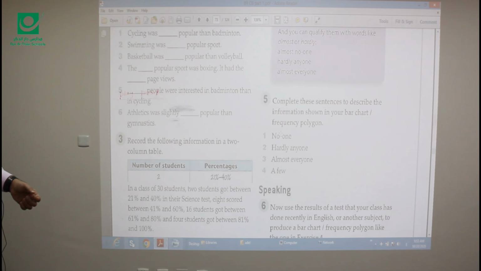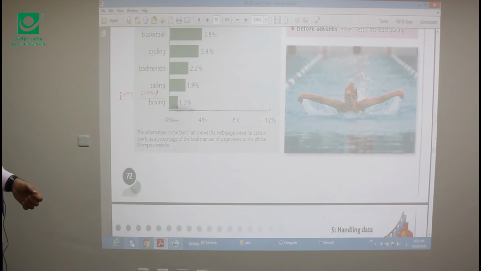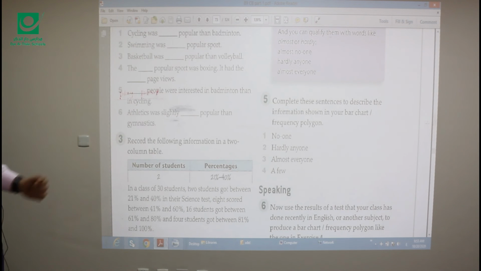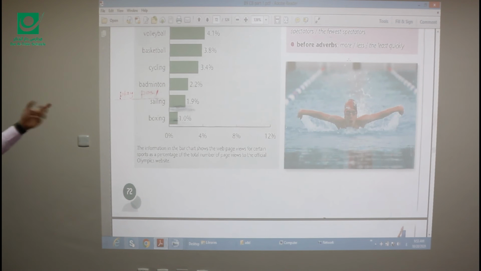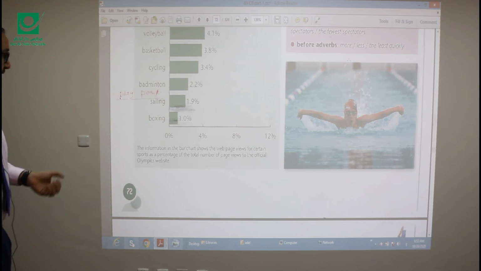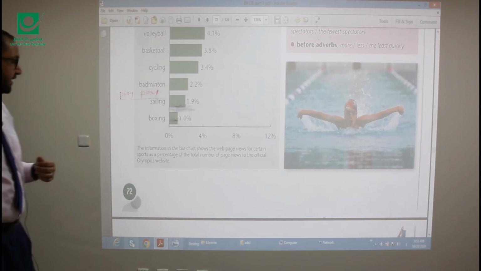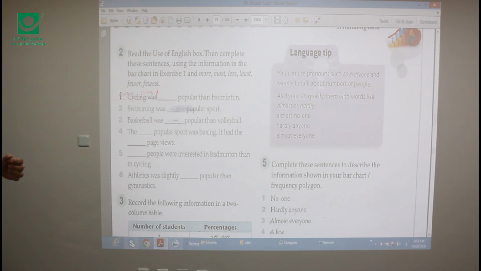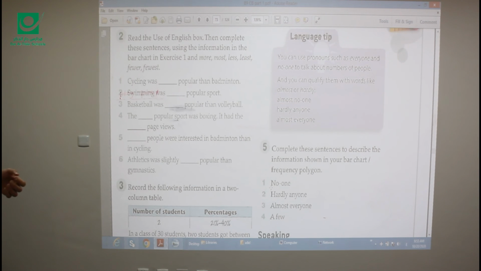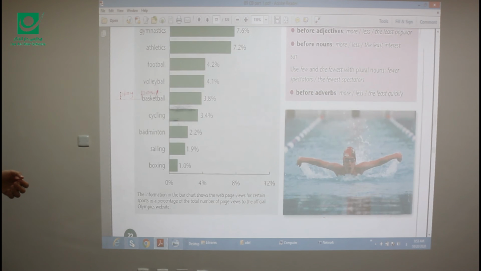Now we need to describe what happens in the bar chart, for example this one, using these expressions. If we say no one, for example, we can say almost no one likes basketball or served the net for boxing. And if you're talking about hardly anyone, what do I mean by hardly?